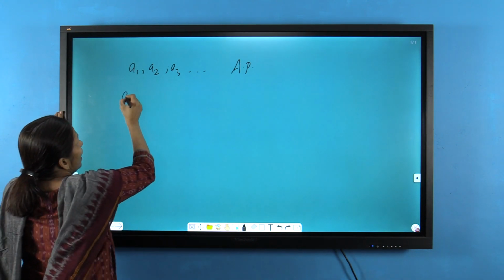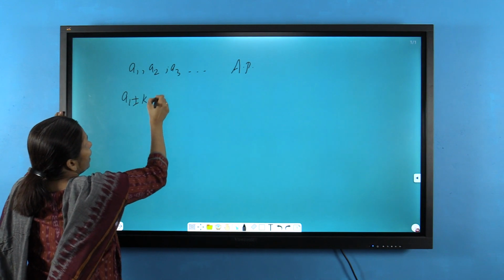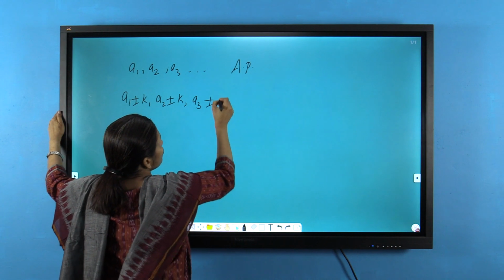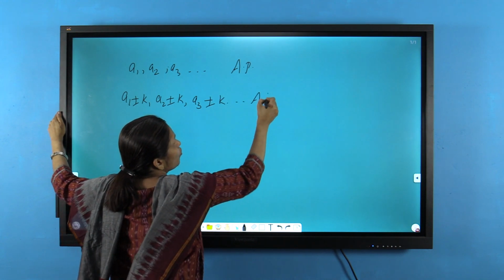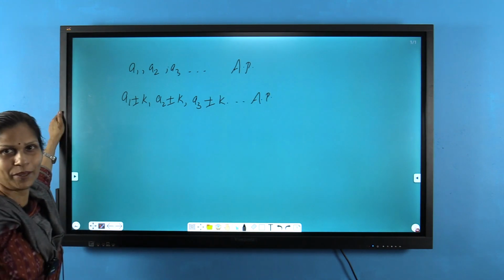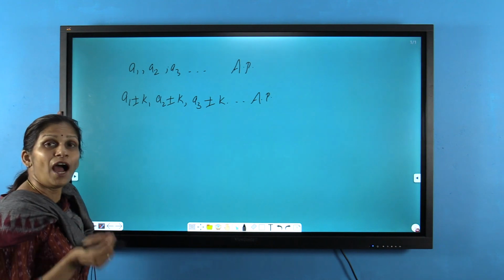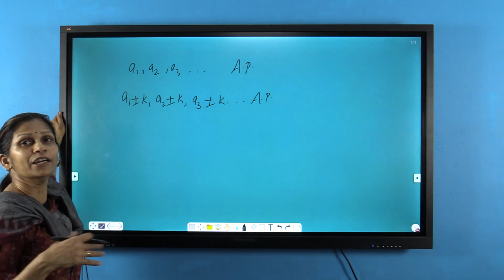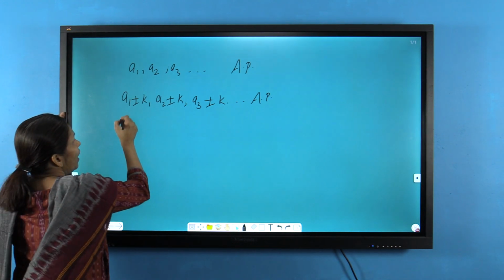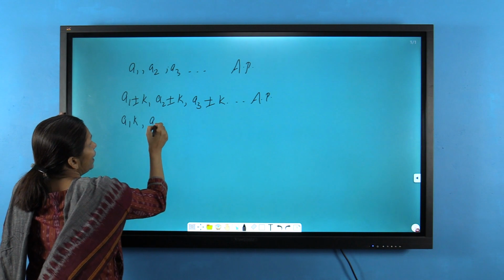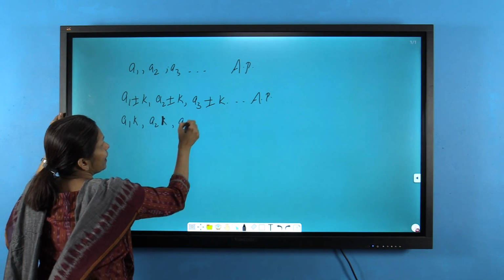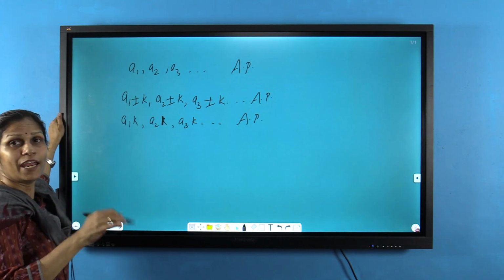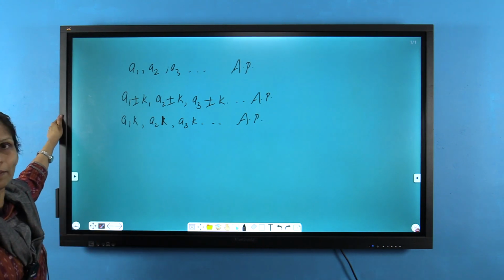So A1 plus or minus K, A2 plus or minus K, A3 plus or minus K also will continue to be in AP. In the same way, if I multiply by the same term, they will continue to be in AP. So A1K, A2K, A3K are also in AP. Similarly, A1 by K, A2 by K also are in AP.